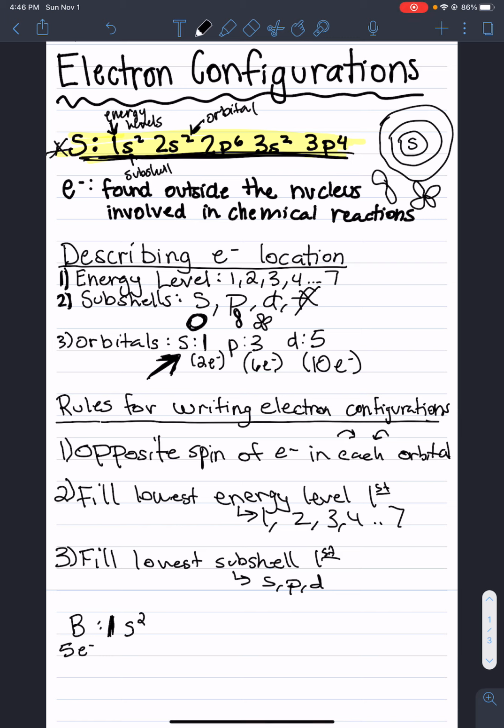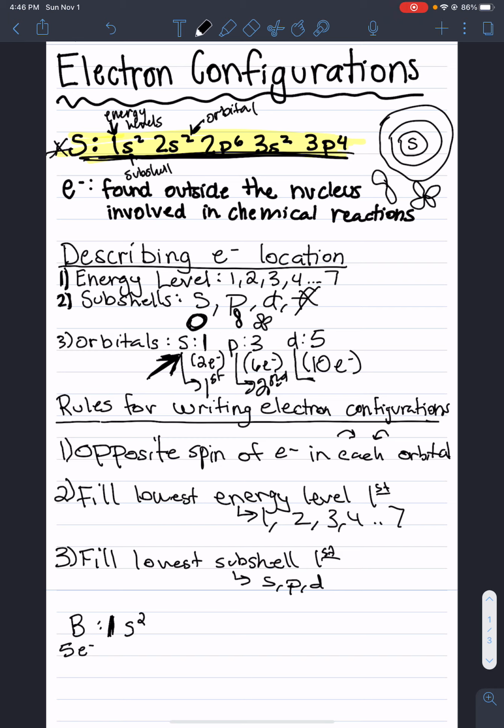Now, you'll notice something. I forgot to mention this, but we're going to talk about it really fast. Up here at the top, you can see that we have a 1s, and then we have a 2s. We don't have a 1p. And then we have a 2p, but we don't have a 2d yet. So these things are going to start at certain energy levels. S starts at the first energy level. P doesn't start until the second one.